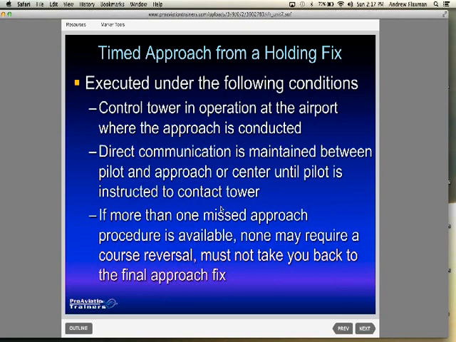So let me reread that one. Help me out on this one, maybe. Is it saying that you should not be planning an approach to an airport that has a course reversal for the approach? No, I think what they're saying is that you're not going to use the timed approach from the holding fix if you've got a missed approach procedure that requires a course reversal.